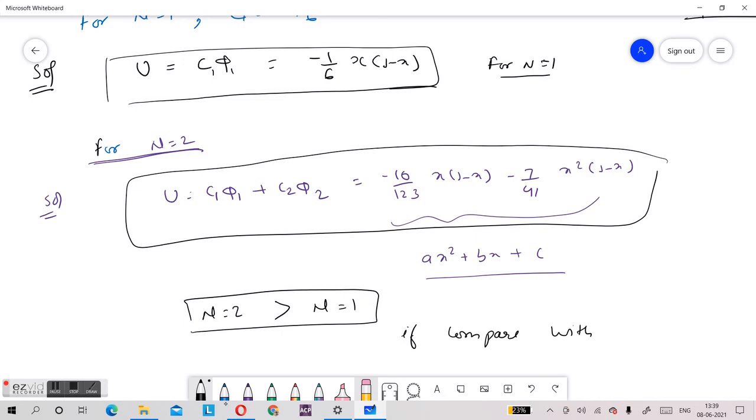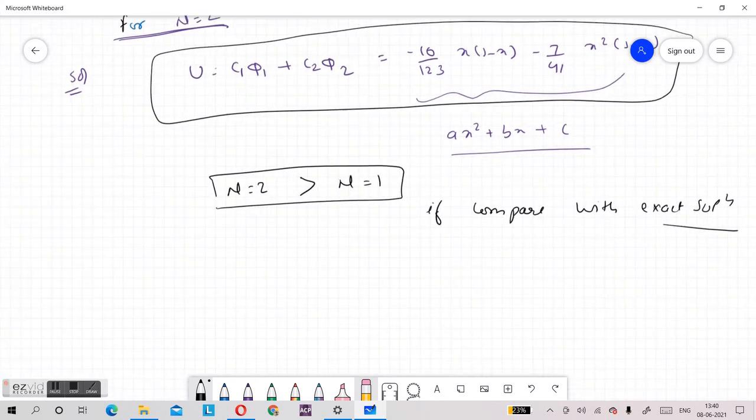Okay, so now we have completed our example, and we have also seen some terminologies. What are those terminologies? Functional, linear functional, bilinear functional, and finally we solved the problem of the Rayleigh-Ritz method. Okay, so everything clear?